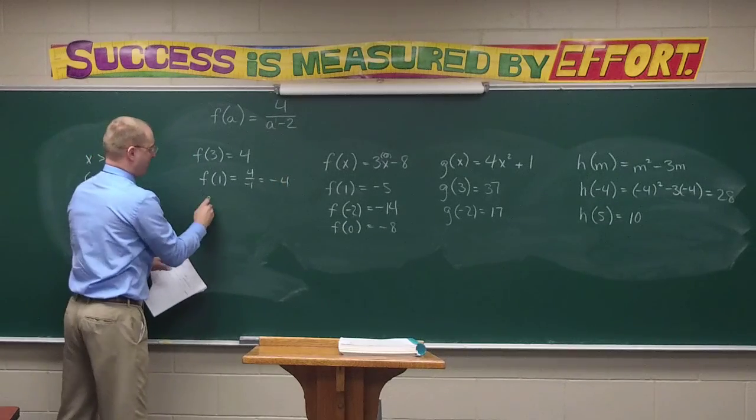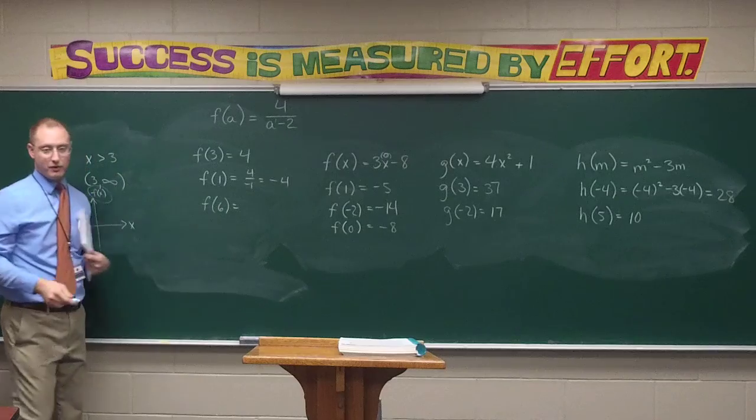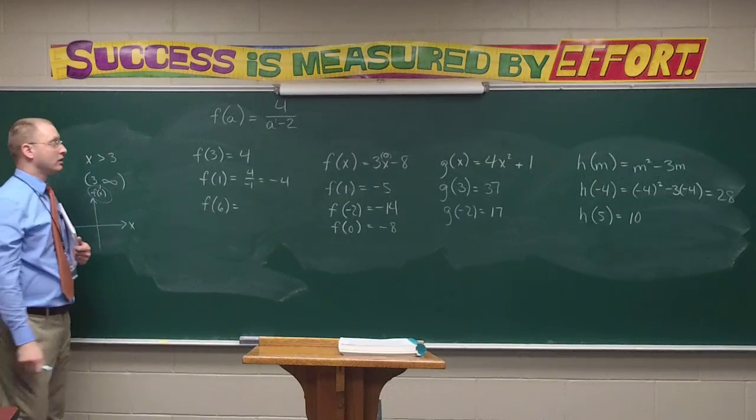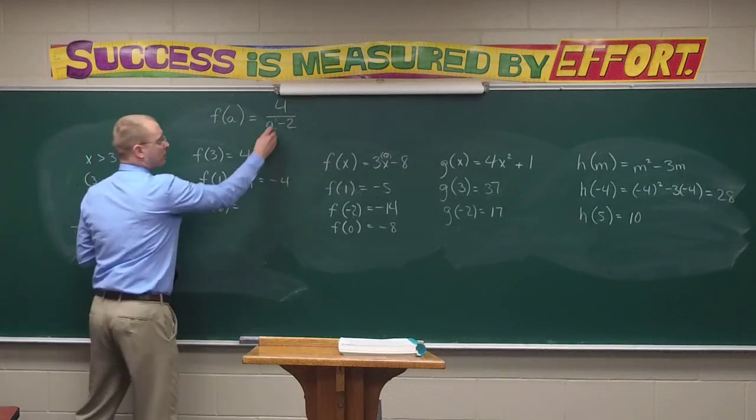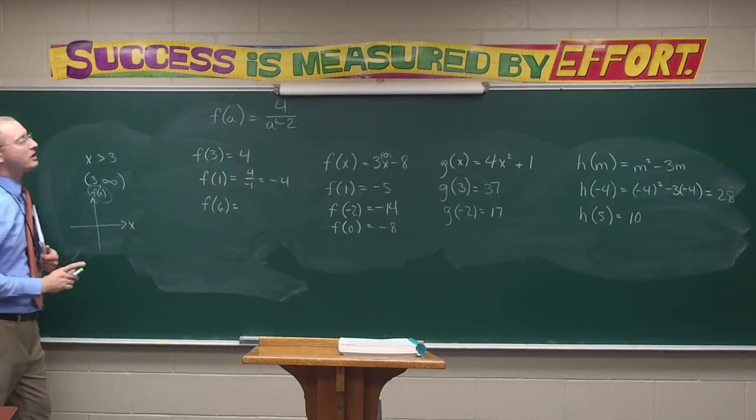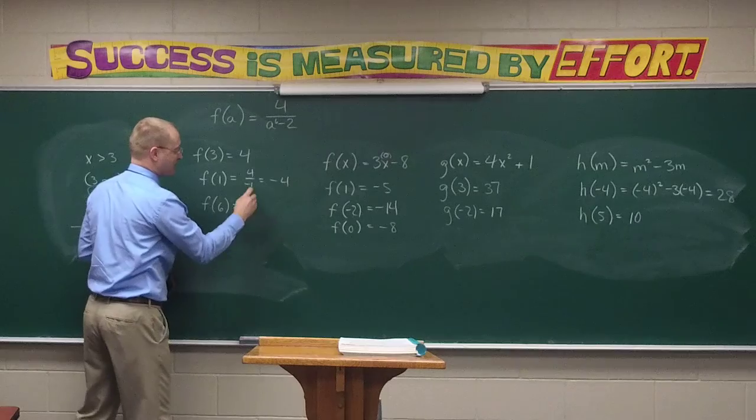What if I had f of 6? What would I get for that value? Audrey? 4/3. Careful. Plug the 6 down here. 1. There we go, 1. 4 over 4 just gives us a 1.